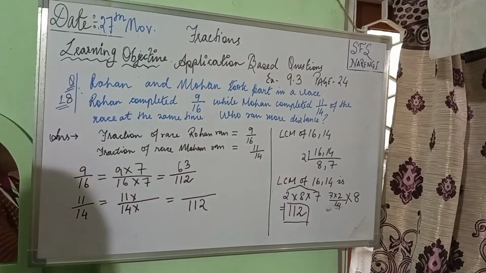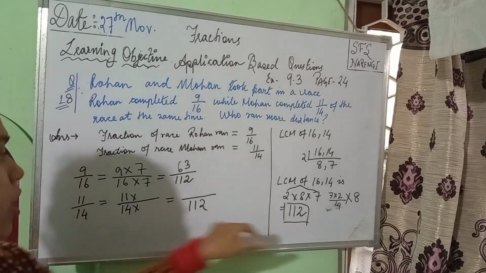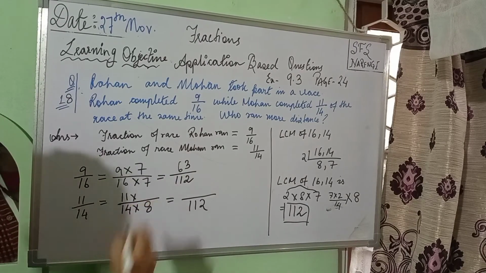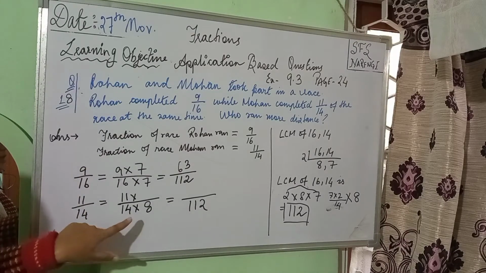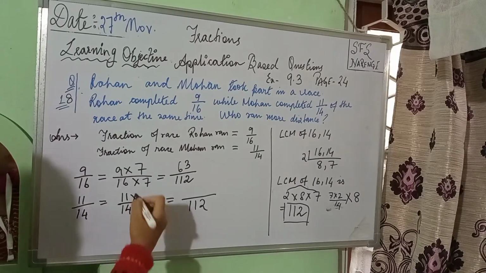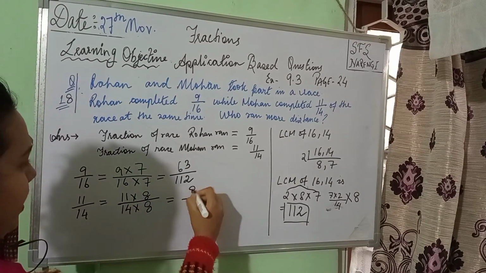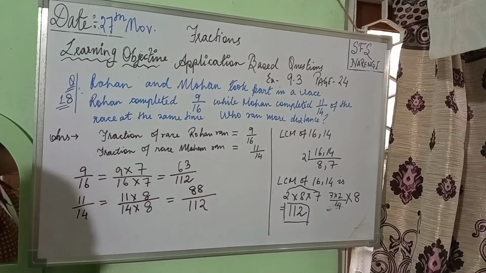Multiply that by 8, you will get 112. So 14 multiplied by how much is 112? It is 8. Since you are multiplying the denominator by 8, you will also multiply the numerator by 8. So after you multiply the numerator by 8, you get 88 by 112.